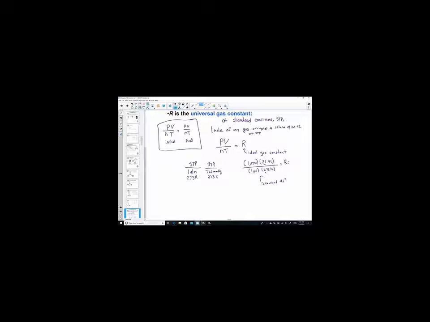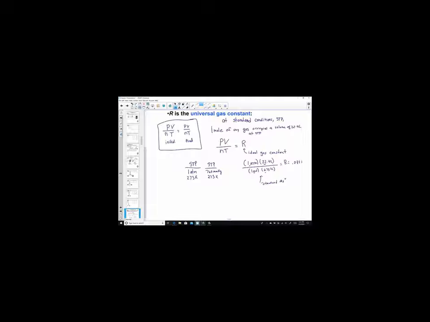Let's solve for R. And when I do that, I'm just going to say 1 times 22.4 divided by 1 and 273. Now my screen reads 0.08205. I'm going to round that to 0.0821.